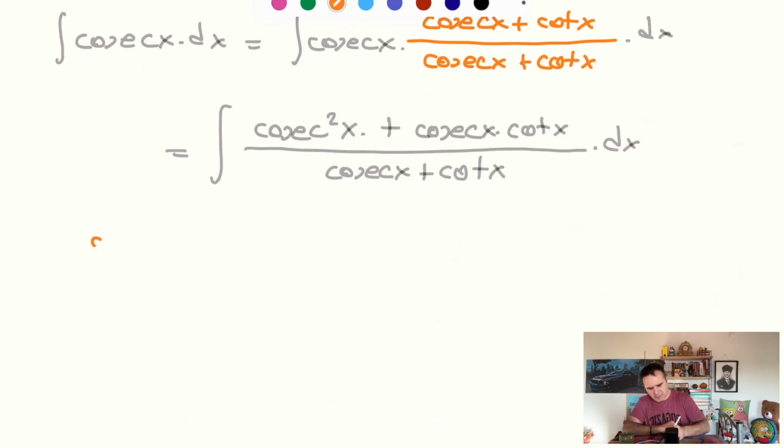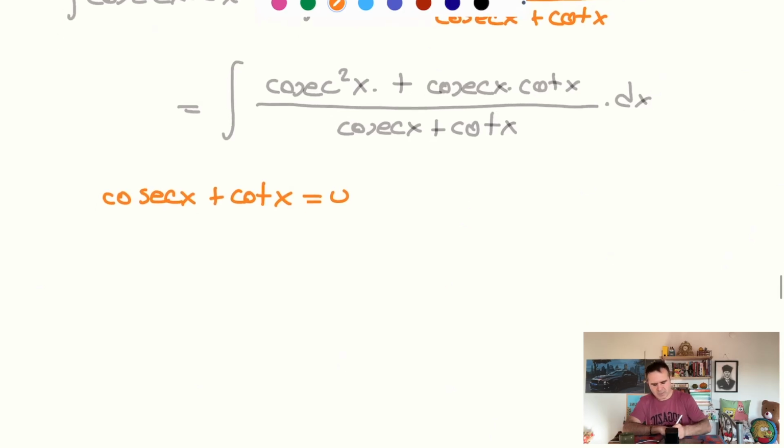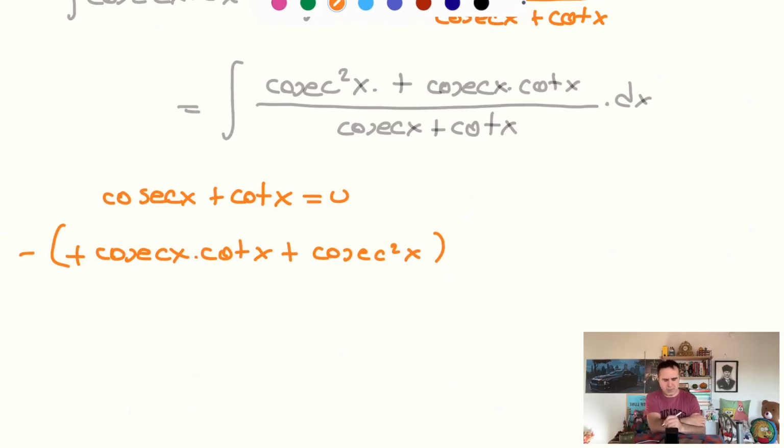We say that cosecant x plus cotangent x is equal to u, and differentiate it. Derivative of cosecant x is minus cosecant x cotangent x, and derivative of cotangent x is minus cosecant square of x times dx. Let's make this one plus and take minus sign outside the parentheses.